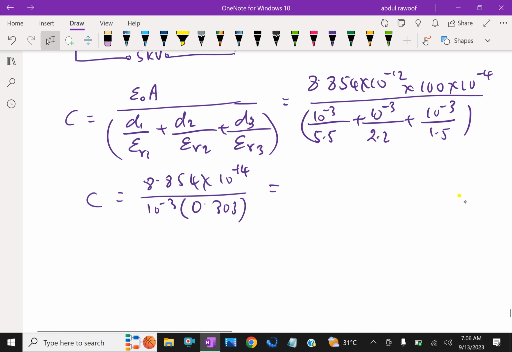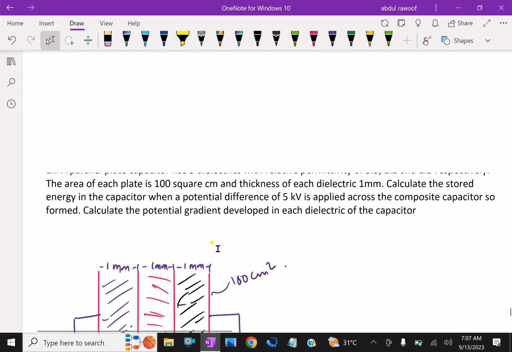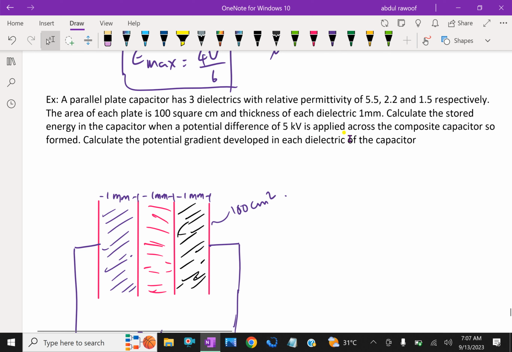This gives 292 into 10 power minus 12, that is picofarad. This is the total capacitance of the composite capacitor. We have calculated the total capacitance.